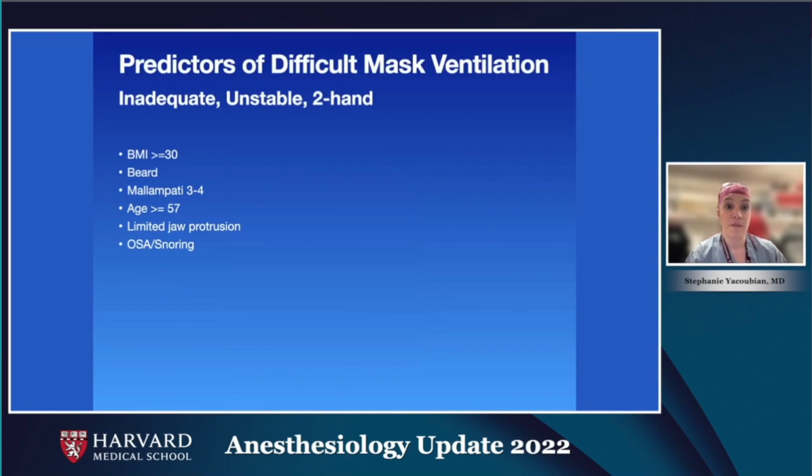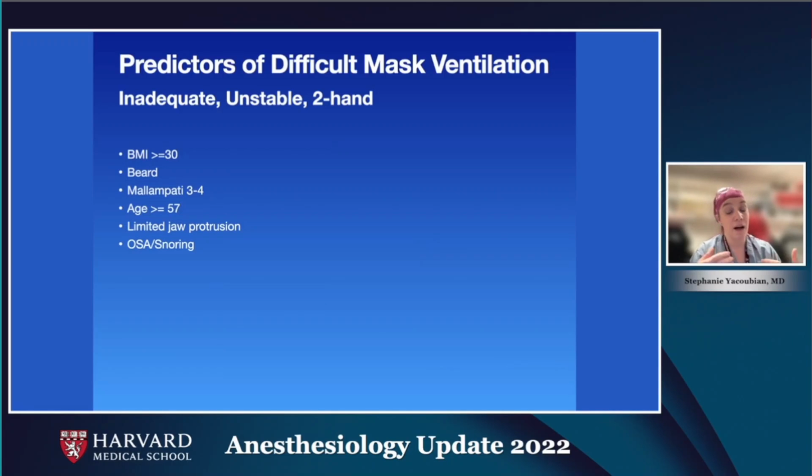Predictors of difficult mask ventilation are not necessarily the same as the predictors for difficult intubation. A lot of patients who are difficult to mask ventilate are actually easy to intubate. Therefore, if you find yourself having difficulty ventilating, it's not unreasonable to take a look with the videoscope and see if laryngoscopy or video laryngoscopy is easy.